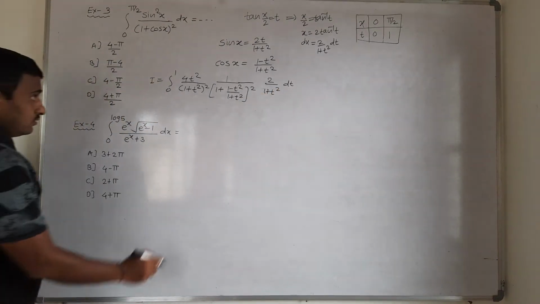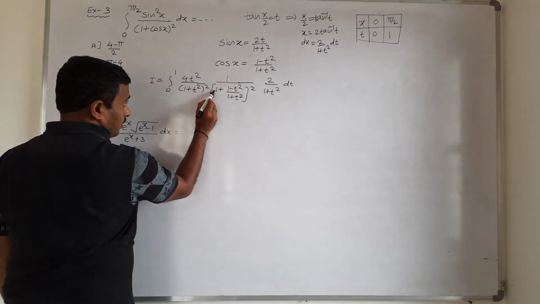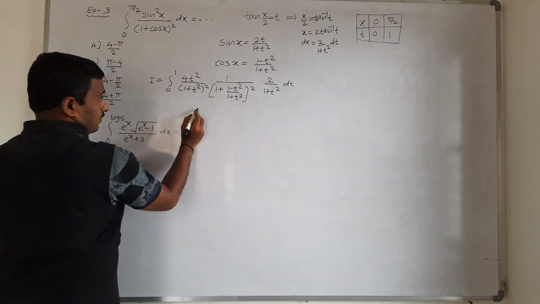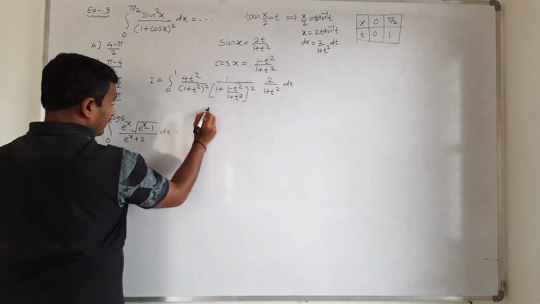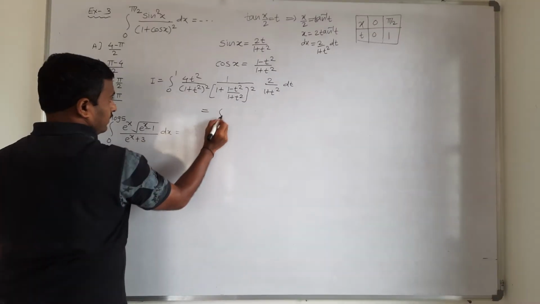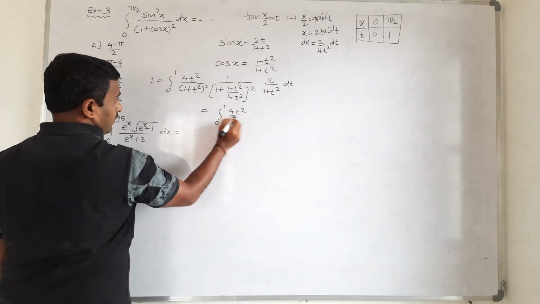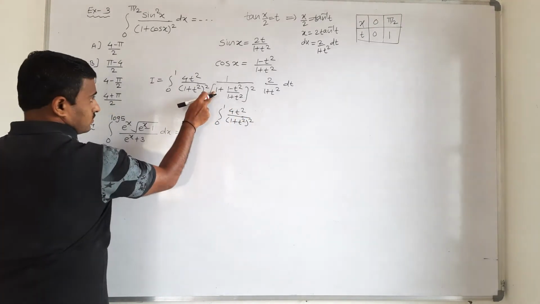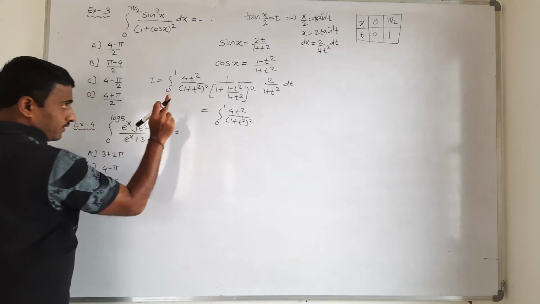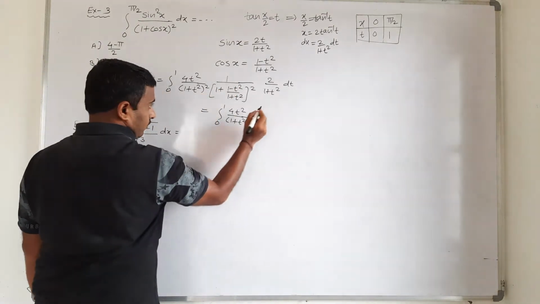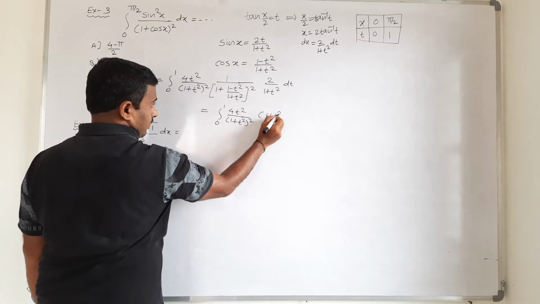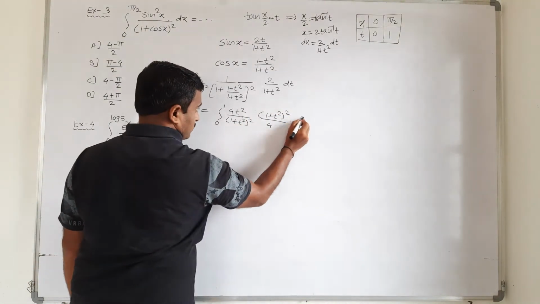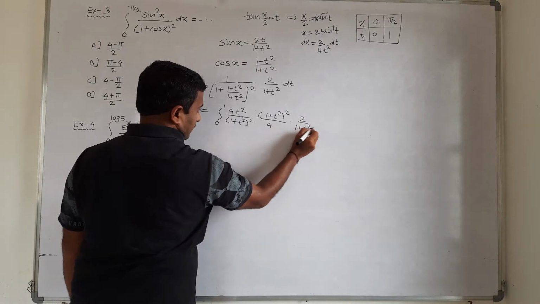Now simplification: 1 plus t square plus 1 minus t square, the t squares cancel, 2 remaining. So it equals the integral from 0 to 1 of 4t square upon (1 plus t square) whole square, times the reverse, (1 plus t square) whole square upon 2, that is 4, and this is as it is, 2 upon 1 plus t square dt.